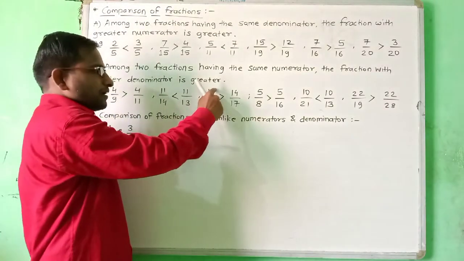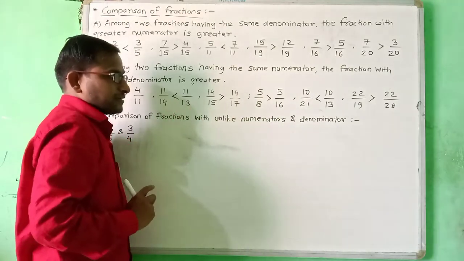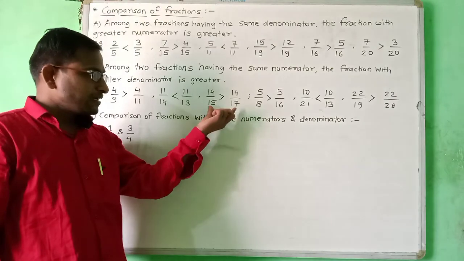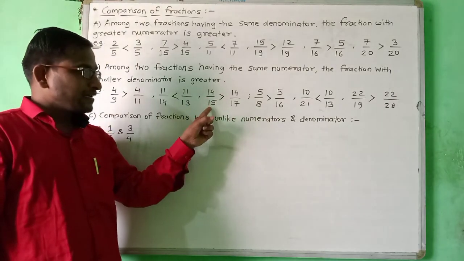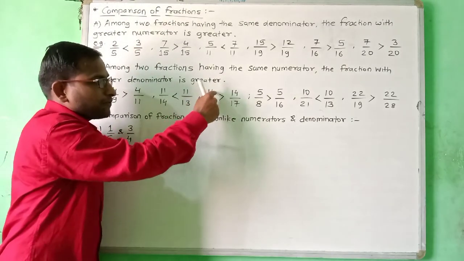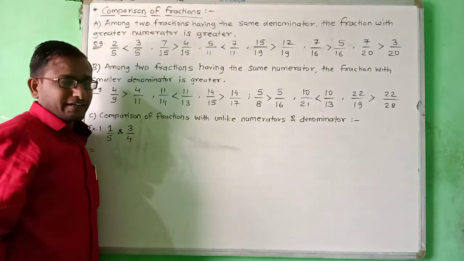In the next example, 14 upon 15 and 14 upon 17. Again the numerators are the same, so you compare the denominators. 15 is less than 17. So 14 upon 15 has the smaller denominator and is the greater fraction.